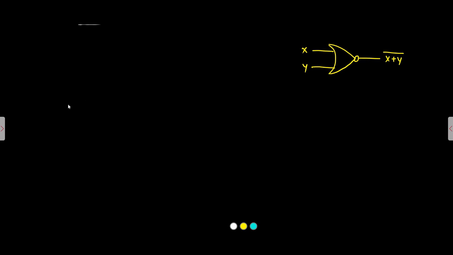Here, first we'll take A input line and apply in this manner to get A bar. A plus A is A, so A plus A whole complement, that is A complement. Similarly, we'll take B input line, apply it in this manner to get B complement. So we have got A complement and B complement.